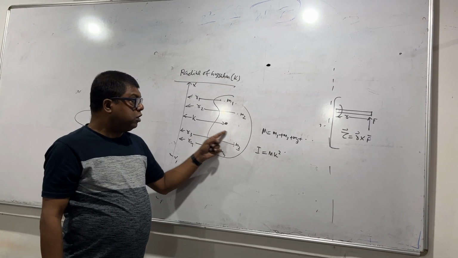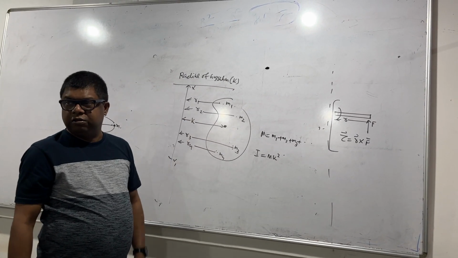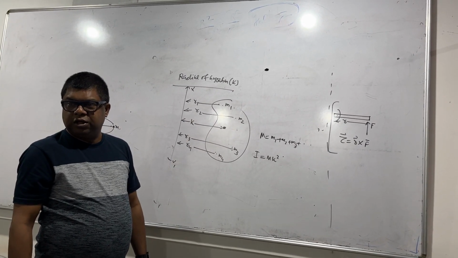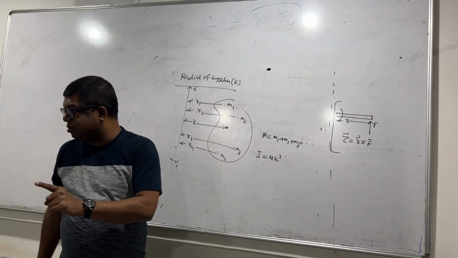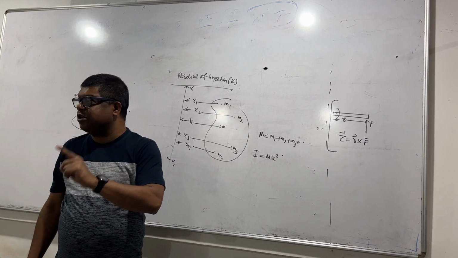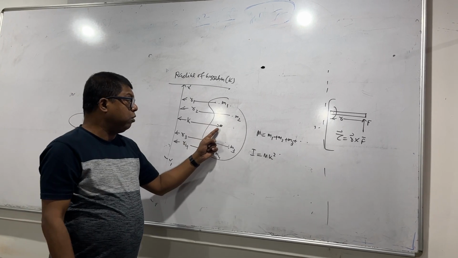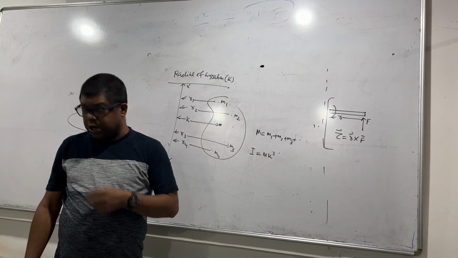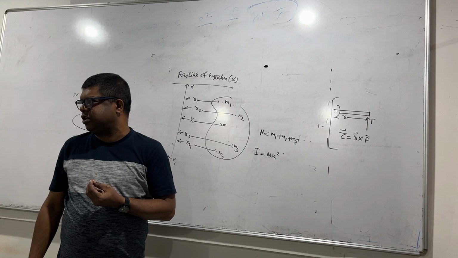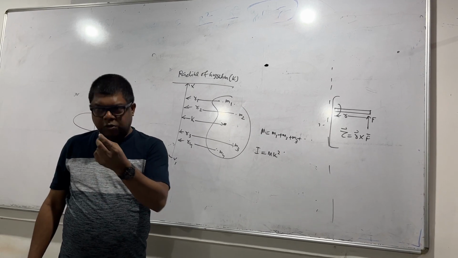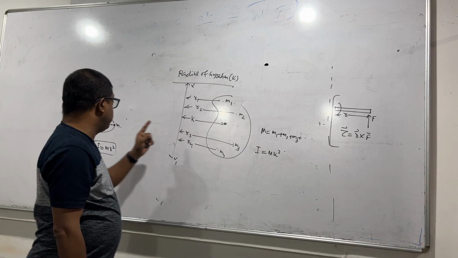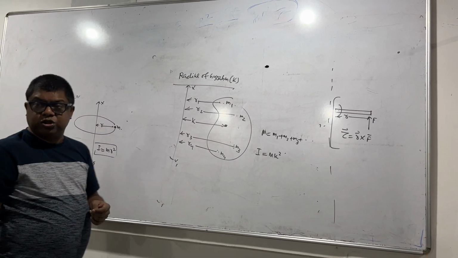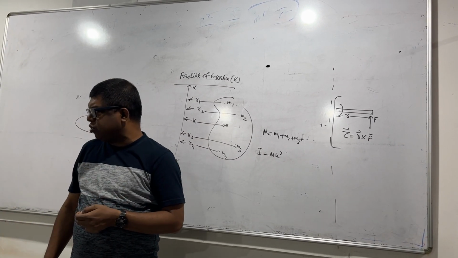It would have the same moment of inertia as the entire body. This point at which the whole mass of the body is supposed to be concentrated may not be the center of mass. Assume that the whole mass is concentrated at one point. If one particle is rotating about the axis of rotation, its moment of inertia is mr square.